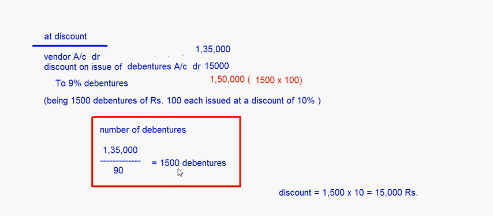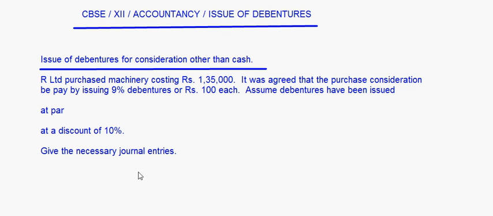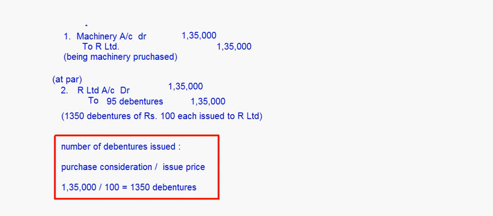So that is 1,50,000, and the discount per debenture is 10 rupees. So 1,500 debentures into 10 rupees is 15,000 rupees. Understood? So this is how this question will be done. The journal entry for purchase of assets in both the cases will be the same. The issue of debentures entry will be different in the two cases.